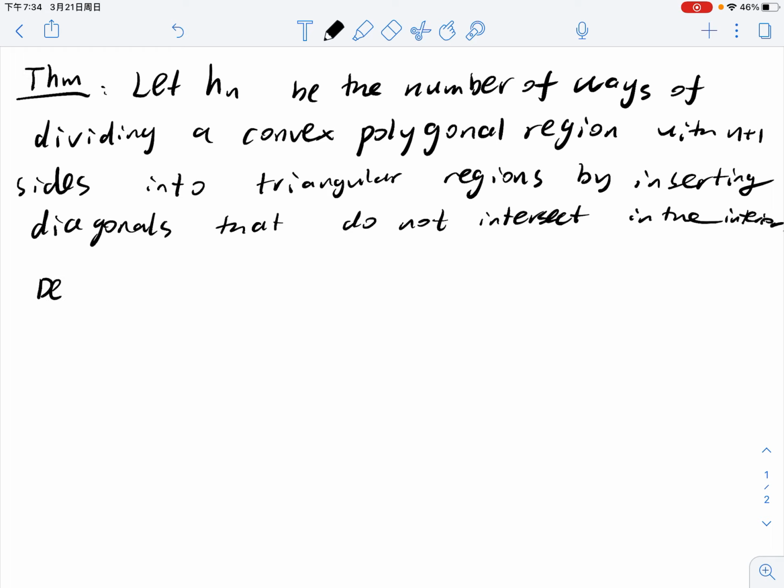And since we don't have a polygonal region with two sides, we need to define, artificially, manually, h1 is 1.